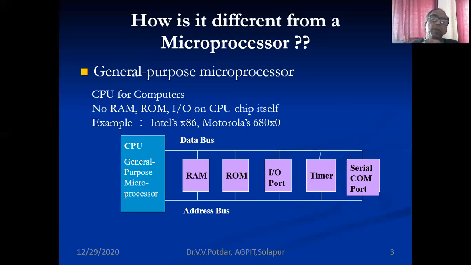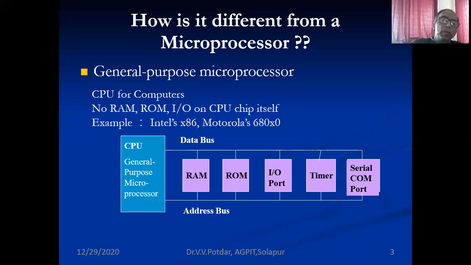Then we need to have a separate ROM and separate input-output. These are separately required. Among microprocessors, we have Motorola's 68000 series and Intel's 8085, 8086. Then we have 80286, 80386, 80486, and then Pentium 80586.